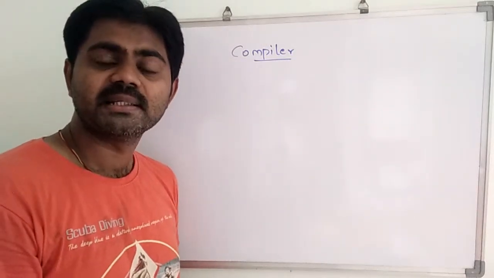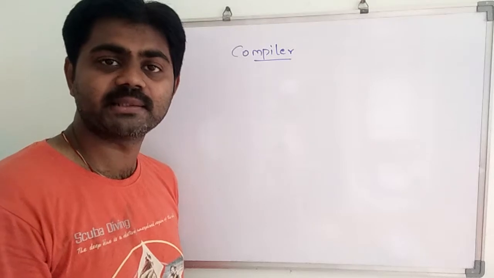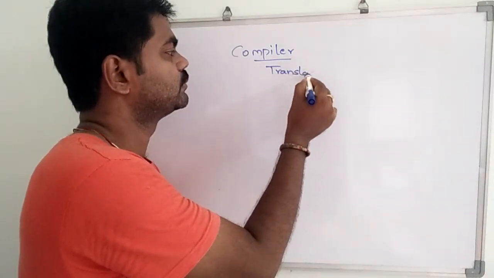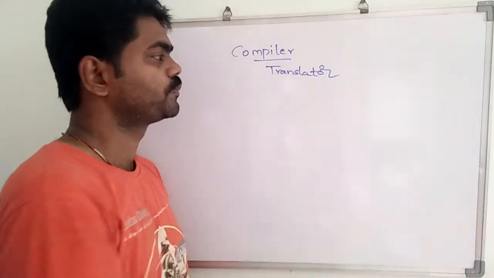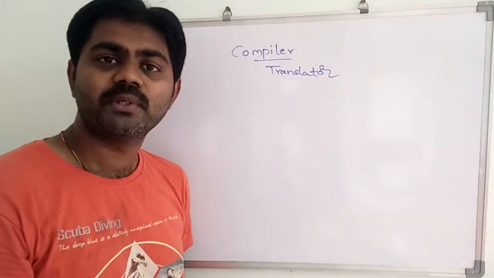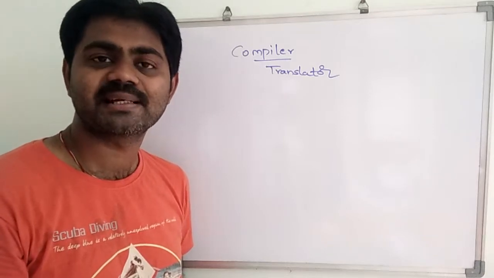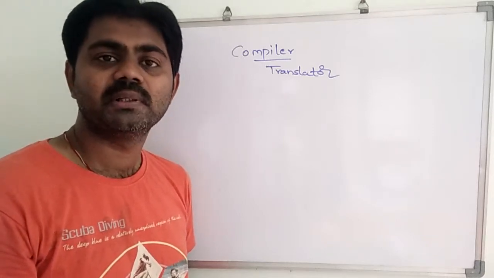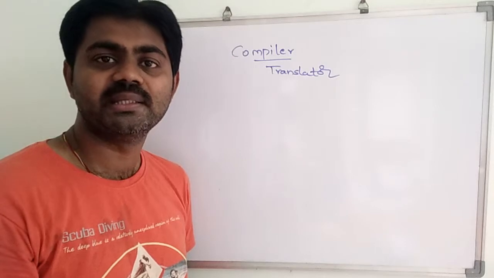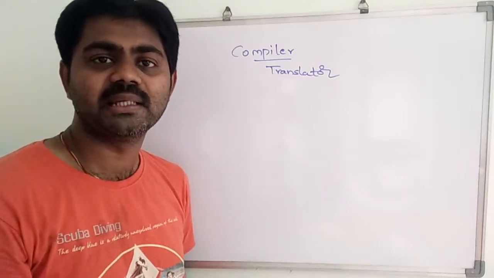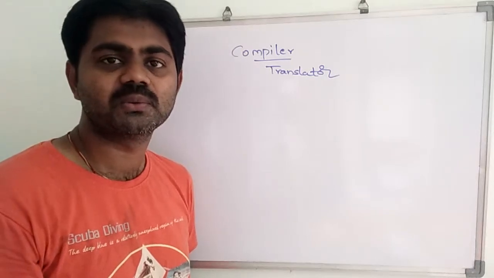A compiler is also called a translator. So basically we know what a translator is and what its use is, right? In a general sense, for example, if a person knows only Hindi and wants to speak in Telugu but doesn't know Telugu, what does he do?